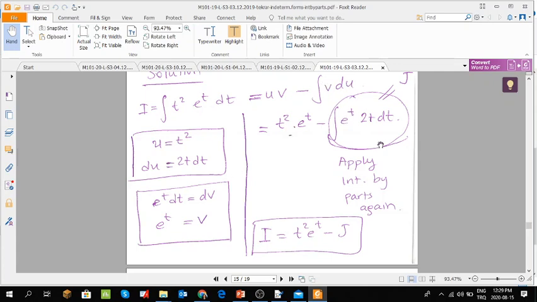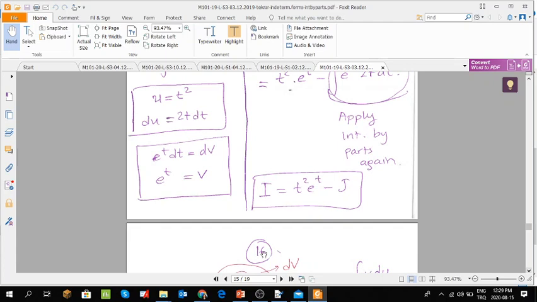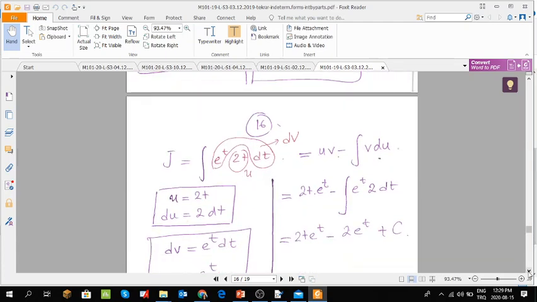We call this J because we have to apply integration by parts to it again. So far we found the integral I, that was the question, is equal to t squared e to the t minus J, and we have to work on this J again. So I take this J and work on it.